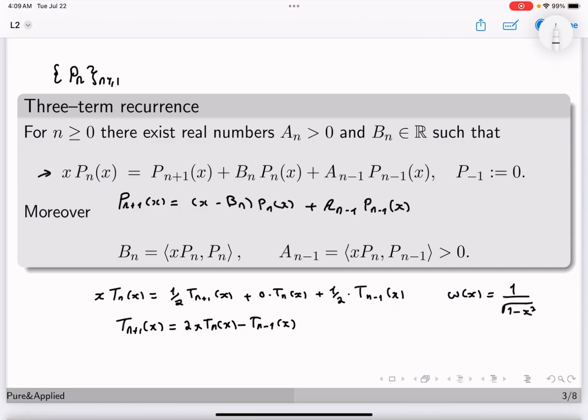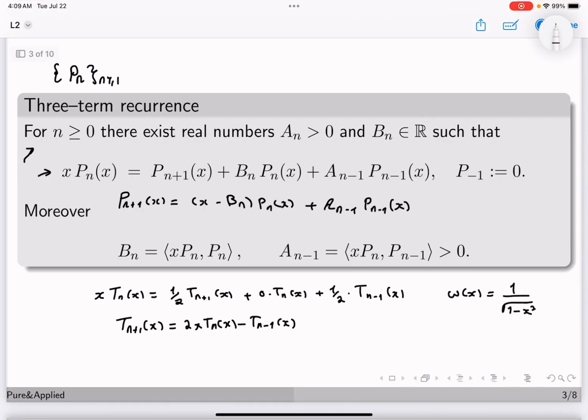The reason we have this is because of this theorem that we're going to prove in full generality, and the reason we have these coefficients showing up here is because of the general form of these coefficients, and you can compute these and indeed get that.